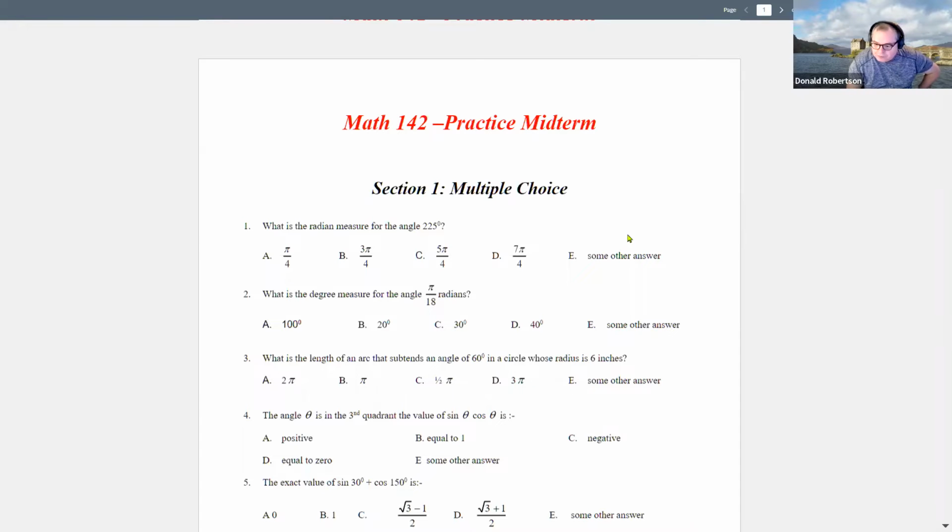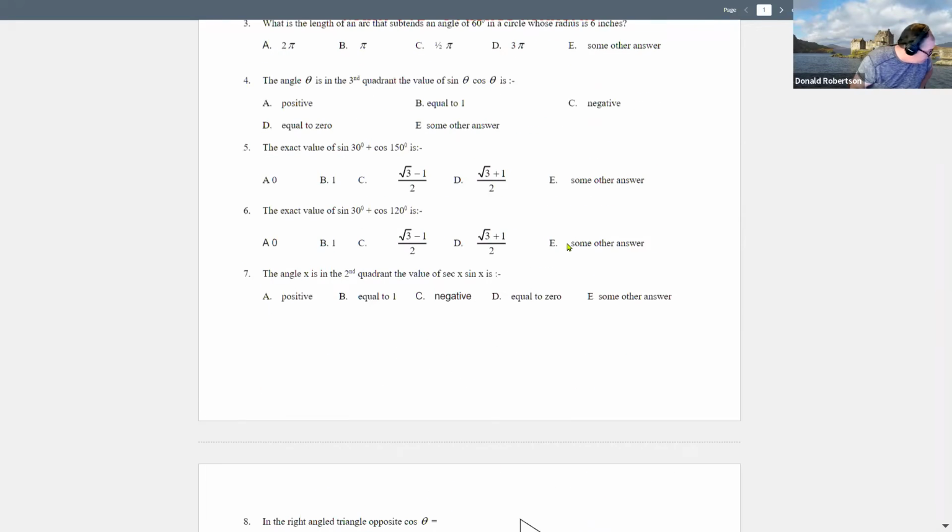So first, all good. Just pick one at random then. The exact value of the sine of 30 plus the cosine of 120. If you were going to do that question, wouldn't you have to use this guy? So have a good copy of a unit circle in front of you. I'm looking up the sine of 30, which is √3 upon 2.